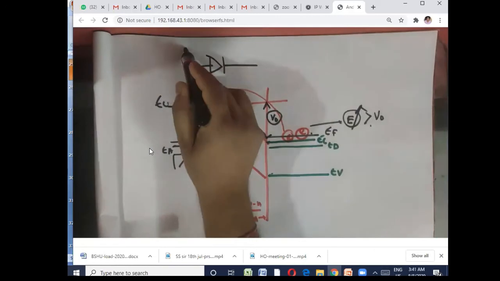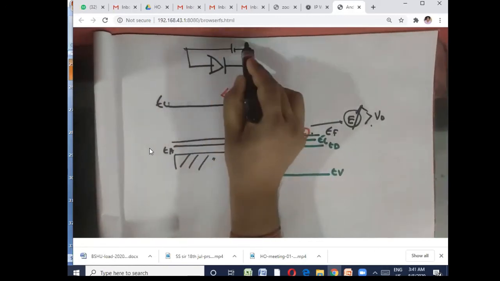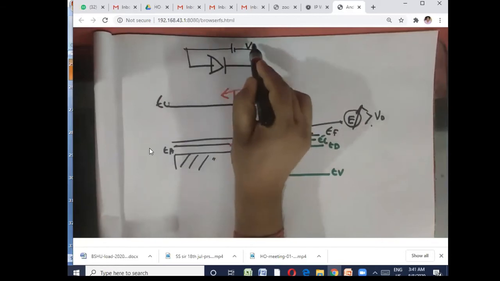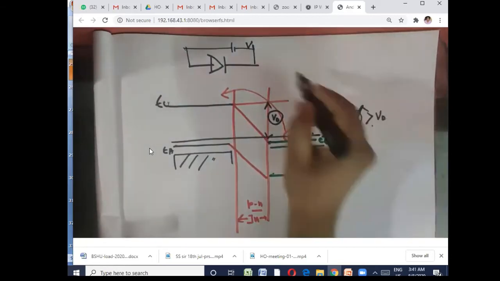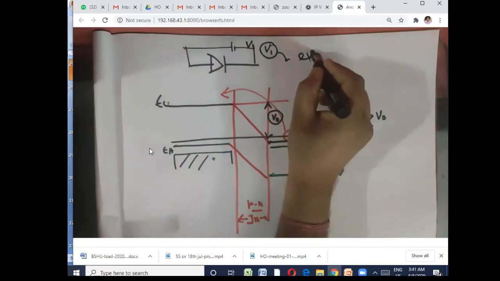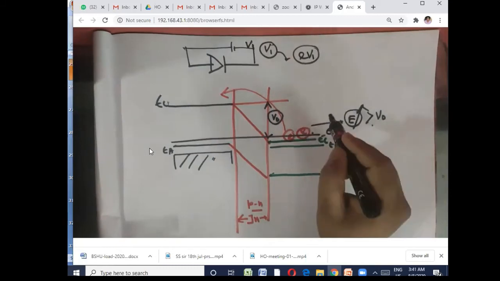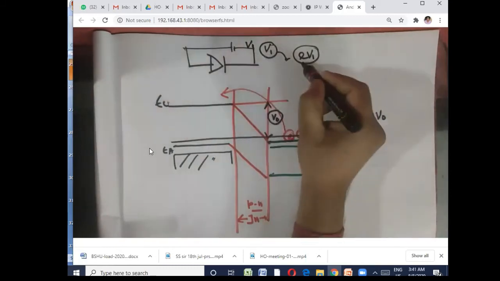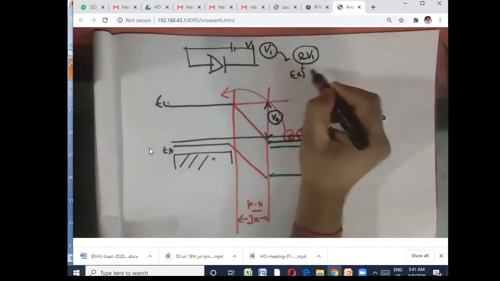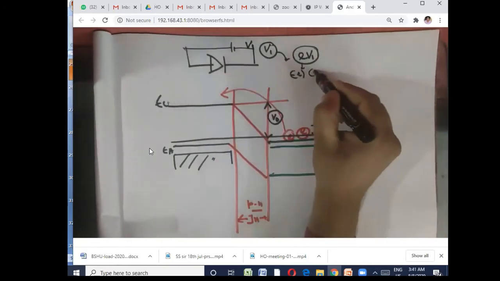How do you do so? In a normal diode, you do that by connecting it with a voltage source. Suppose you apply a voltage source V1. That means you are providing eV1 amount of energy to the electron, because the electronic charge is minus e and it is connected to the negative polarity of the battery, the N side.